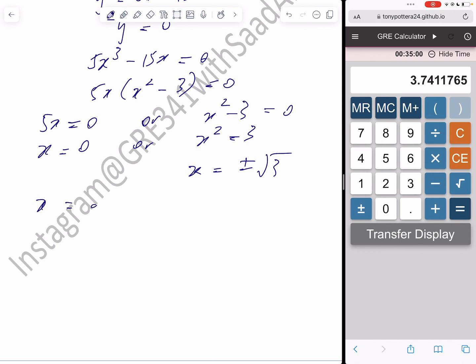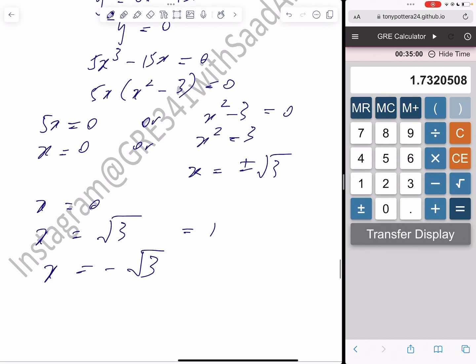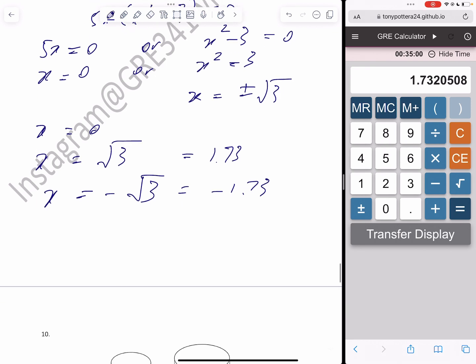So x is equal to 0, x is equal to under root 3, x is equal to minus under root 3. So what is under root 3? Under root 3 is 1.73, negative 1.73. So these are the three values of x.